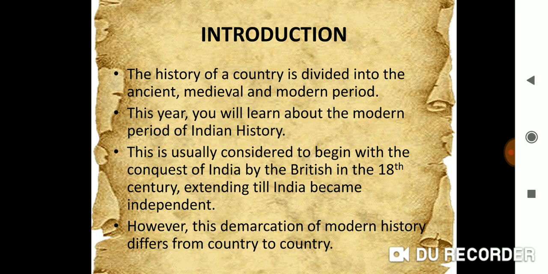However, the demarcation of modern history differs from country to country. The division of history is different in different countries. Like in Europe, after the Industrial Revolution, meaning 1750 onwards, the modern history period started in Europe.